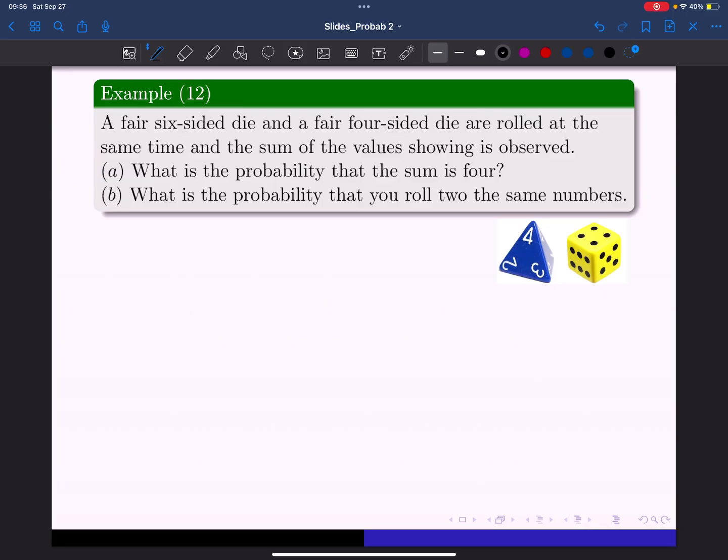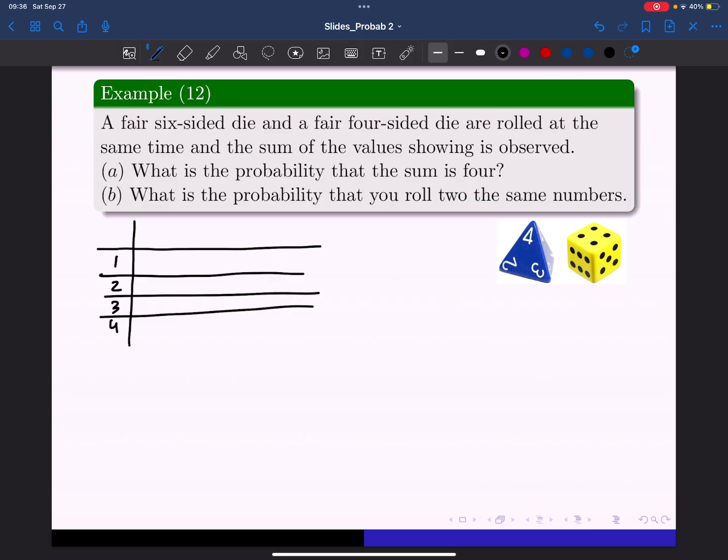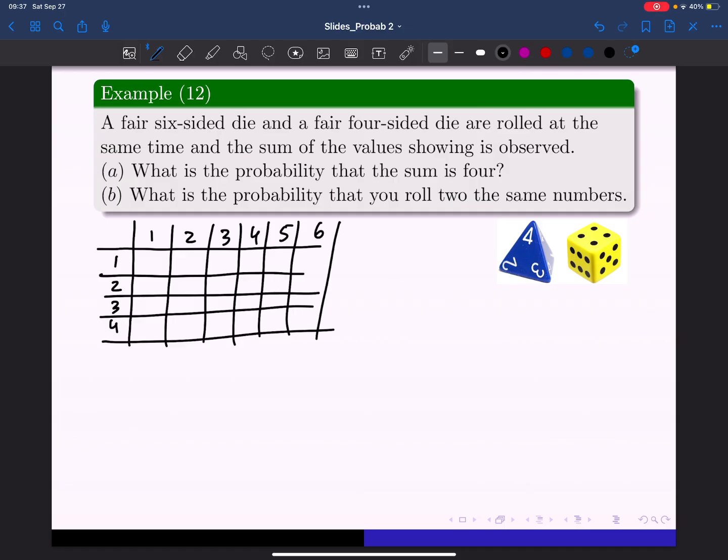Let's list all the events for rolling 2 of those dice. On the one die, we can get 1, 2, 3, and 4. This would be the 4-sided die. And on the 6-sided die, we can get 1, 2, 3, 4, 5, and 6.